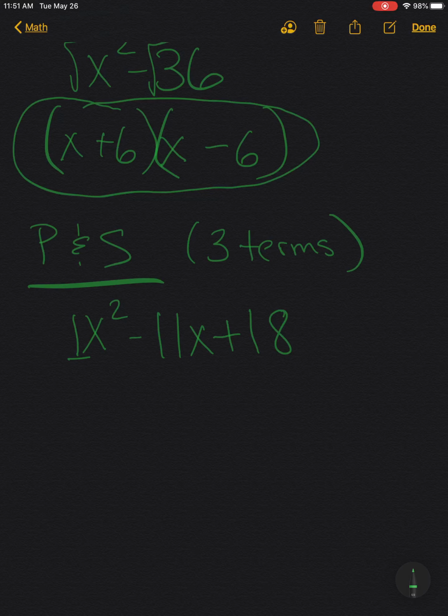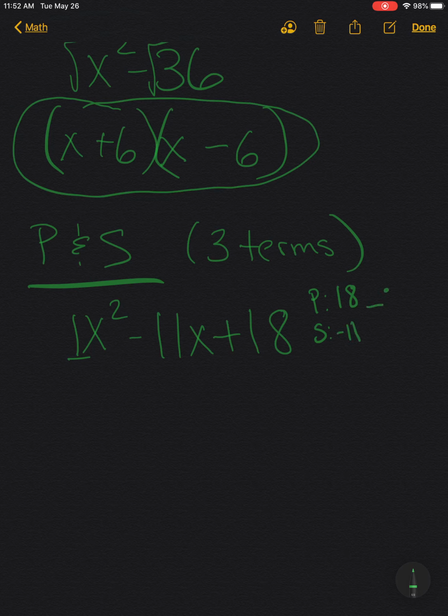So in order to use this method, product and sum, these are the characteristics. Okay, so now what I do, and your teacher might have taught you differently when you first learned about factoring, but this is how I do it. I set up a P standing for product, and it's always the last number. The sum is always the middle number.